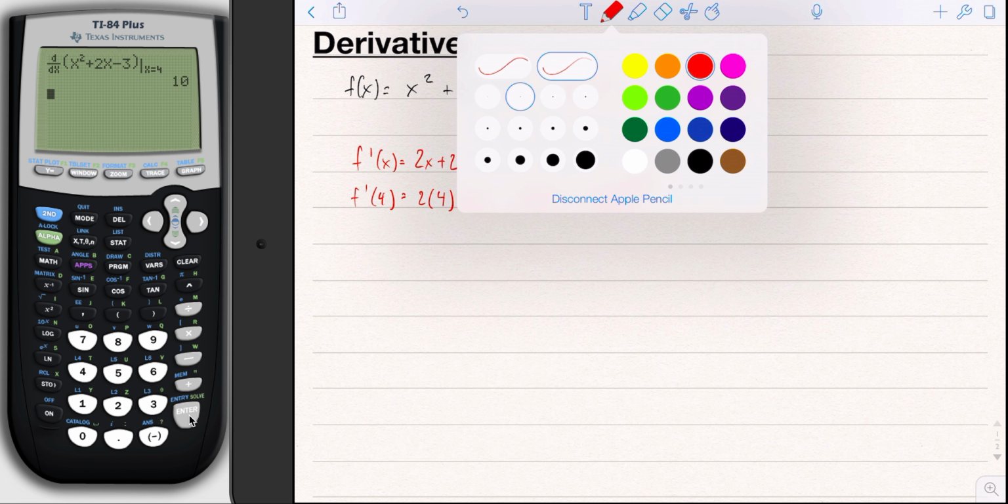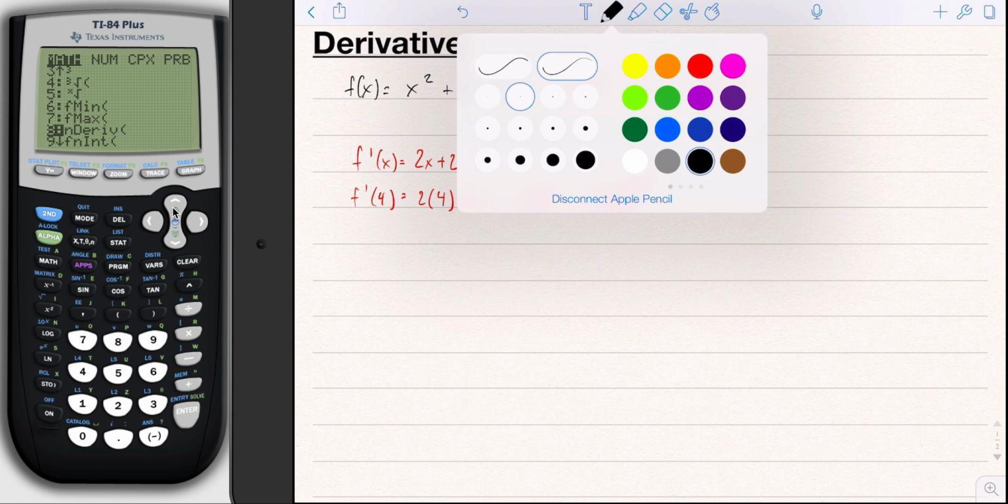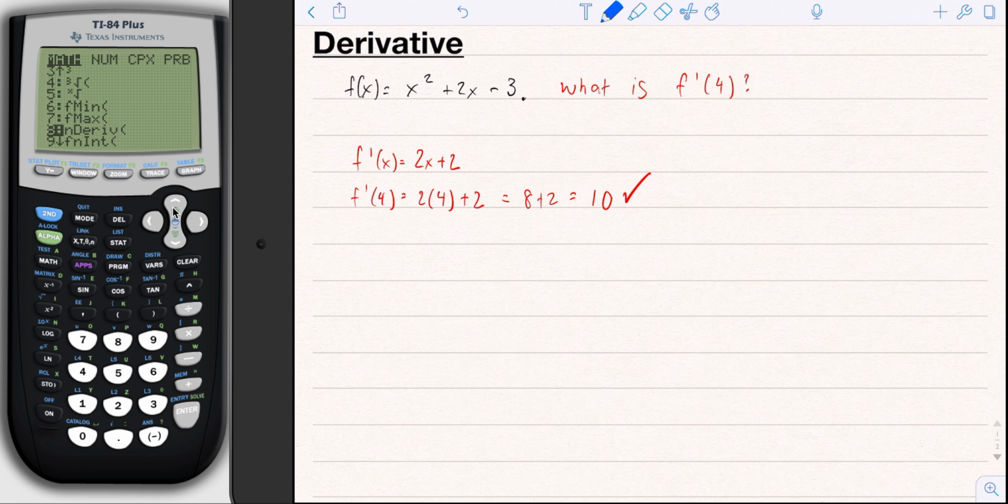Alternatively, when you click math and scroll down to nDeriv, you may get something that looks like this, and I'm going to show you in blue. The calculator window, let's say this is the window, may show up nDeriv, and then it's going to go like this, and you're like, well, what do I plug in here?